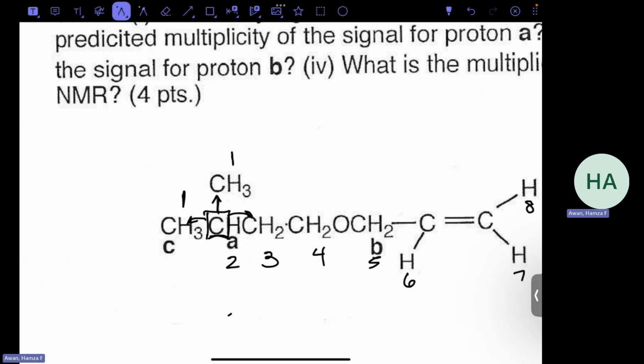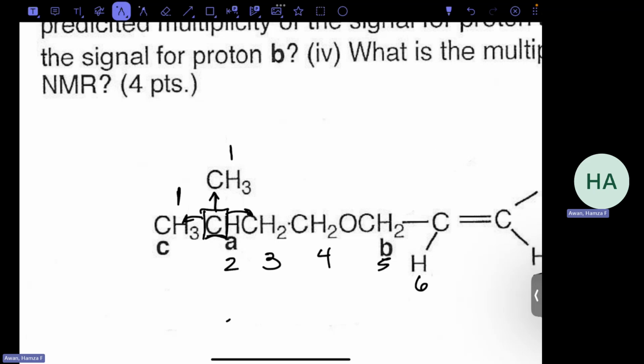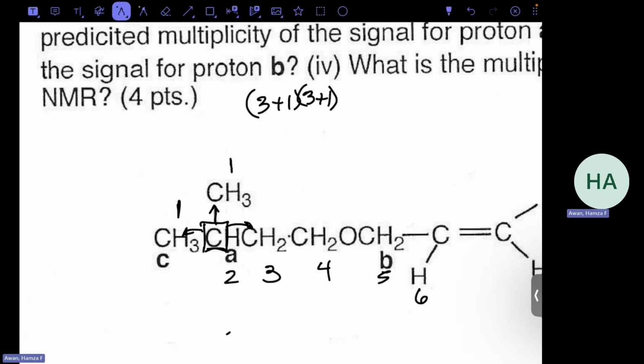In this case, because we have 2 identical carbons, it's going to be a slightly different rule. Normally we would do 3 plus 1 times 3 plus 1 if there were 2 non-identical carbons. But because they're identical, instead of having 3 plus 1 times 3 plus 1, which would give us 16, we have 3 plus 3 plus 1, right?